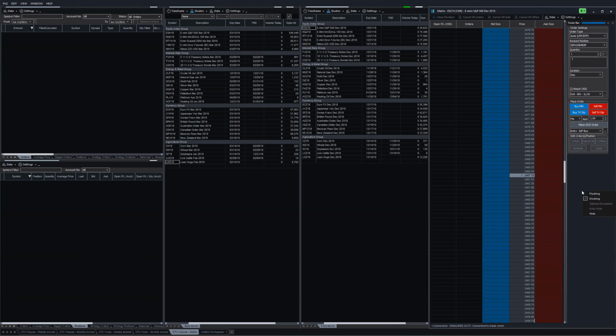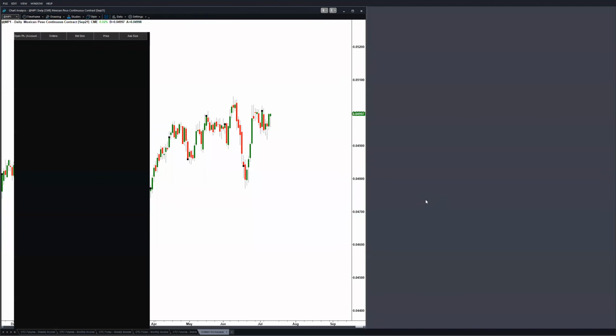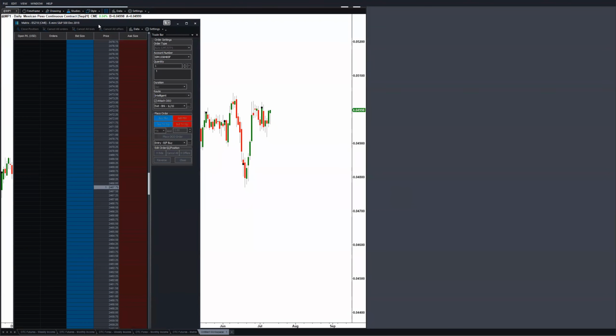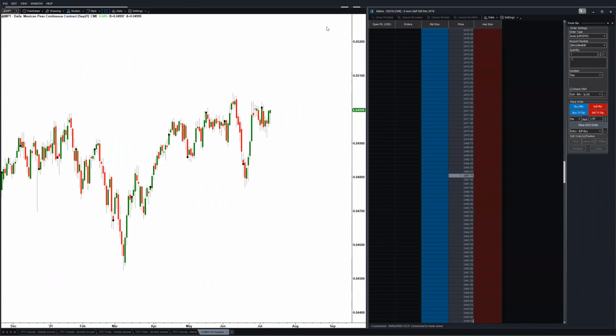I'll just copy paste here quickly, copy window, paste it here. Put it next to the Mexican peso.